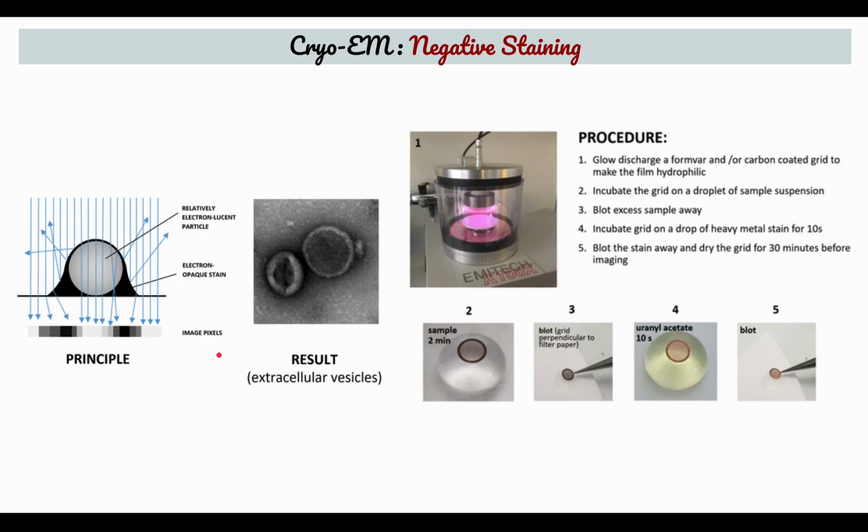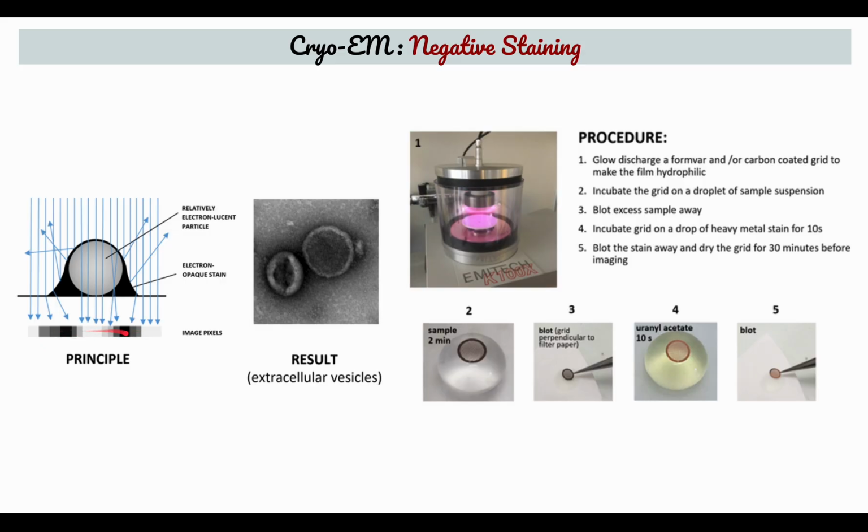And this is also the representation. This shows that, for example, if this is a specimen and you have used the stain, this electron opaque stain will not allow the electron beams to pass through it, so they get scattered back, they get reflected back, whereas the other beams can pass through the specimen, a relatively electron lucent particle, and the image will be formed.